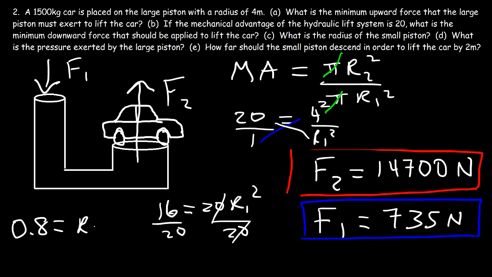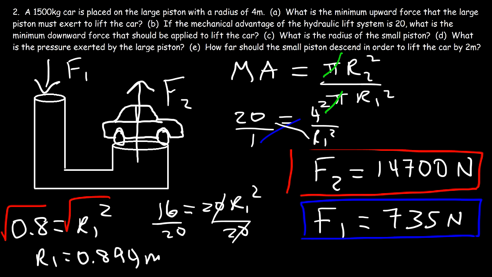So 0.8 is equal to R1 squared. So now, we need to take the square root of both sides. So R1 is 0.894 meters. As you could see, it's much less than 4 meters.